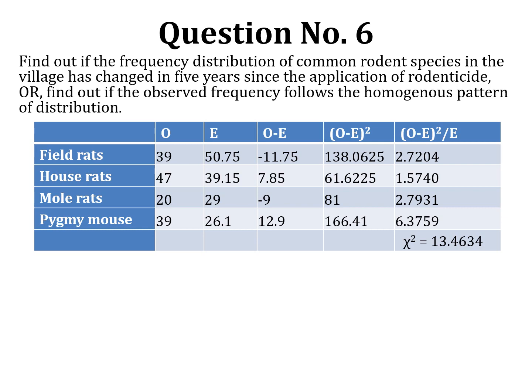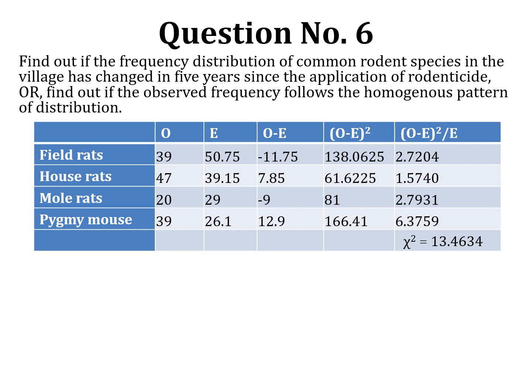And then in the next column we take the square of the difference between observed and expected frequencies of respective classes. So this is 138.0625, which is the square of minus 11.75, the difference for field rats.